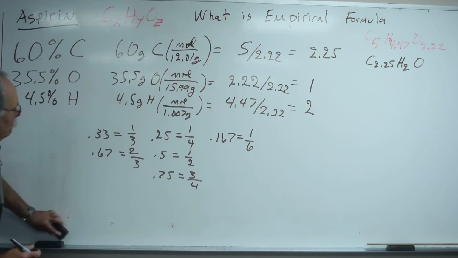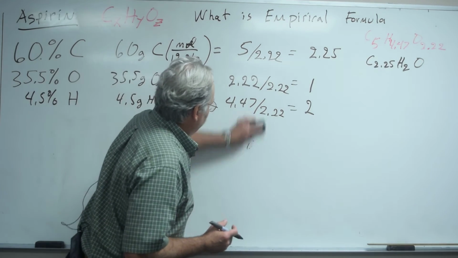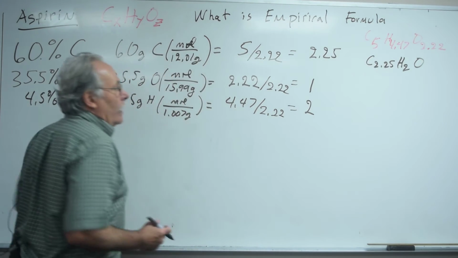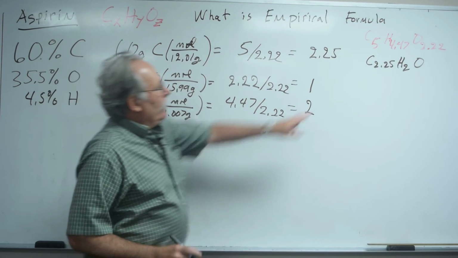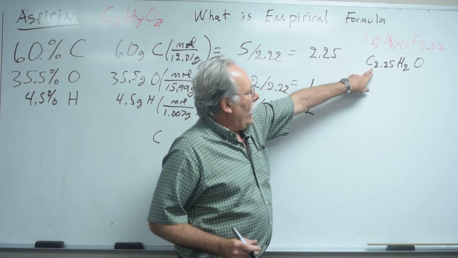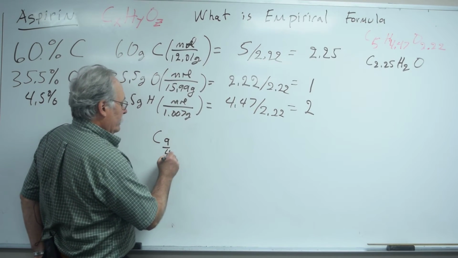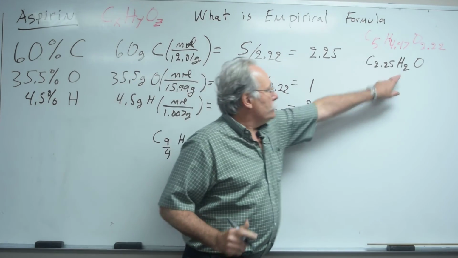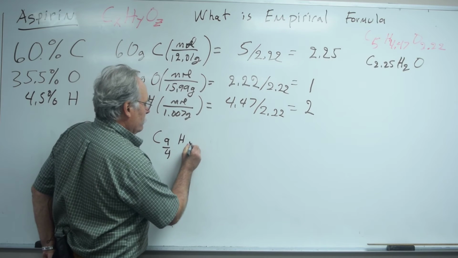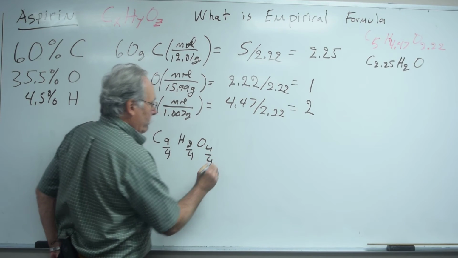So I can now rewrite those. Carbon is 8/4 plus 1/4, which is 9/4. Hydrogen has 2, which is the same as 8/4, and oxygen is 1, which is the same as 4/4.